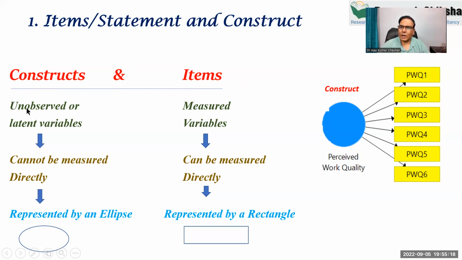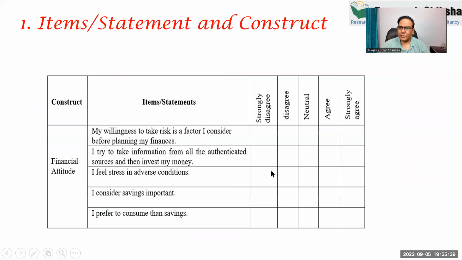Constructs are known as unobserved or latent variables. Items are measured variables because we directly measure them. Constructs cannot be measured directly and are represented by the ellipse, while items can be measured directly and are represented by a rectangle. Like this is a questionnaire. When you use a questionnaire, you write the name of the construct like this.